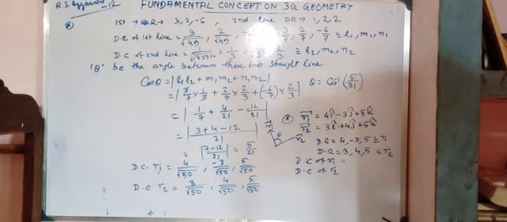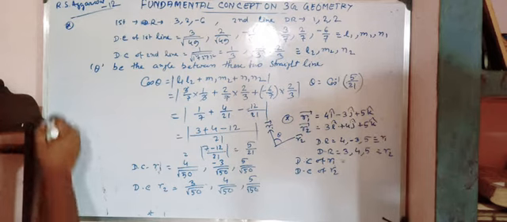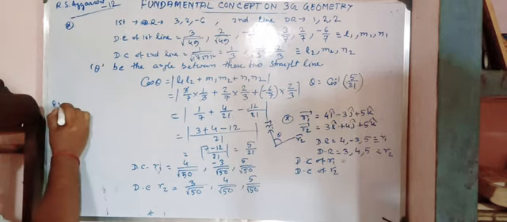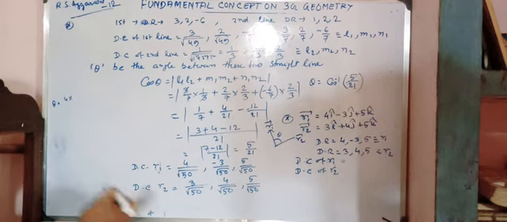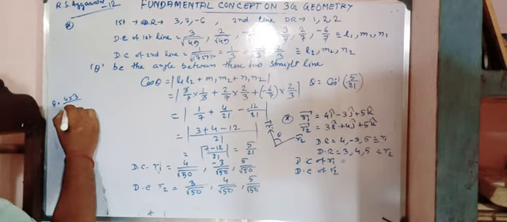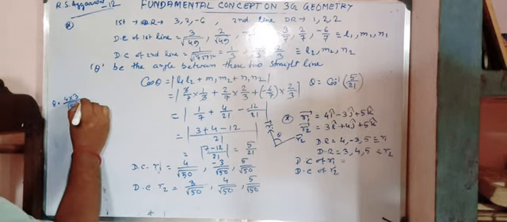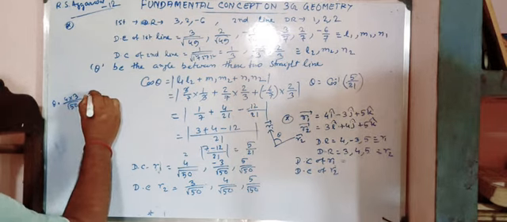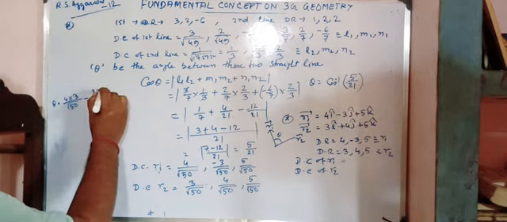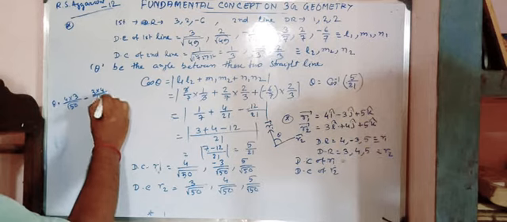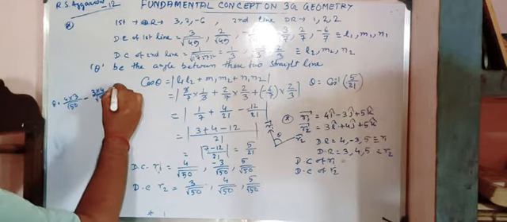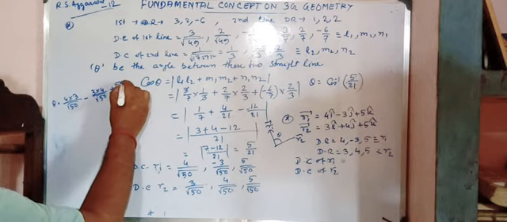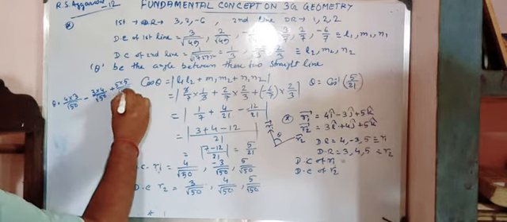So if theta is the angle between them, then cos theta is equal to 4 into 3 by root 50 minus 3 into 4 by root 50 plus 5 into 5 by root 50.